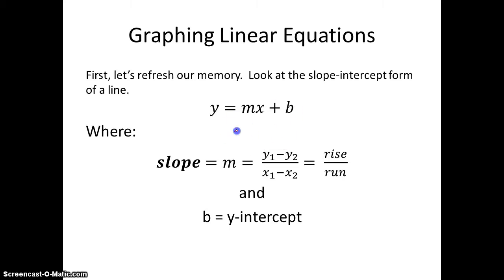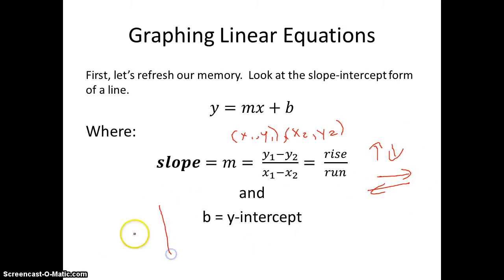So I would have, say, x1 comma y1, and then another point, x2 comma y2, where the subscripts just denote first point and second point. And so I'd subtract them, and I get this, which also means rise over run. Rise can be our up and down, and our run is our left and right. And b is our y-intercept.